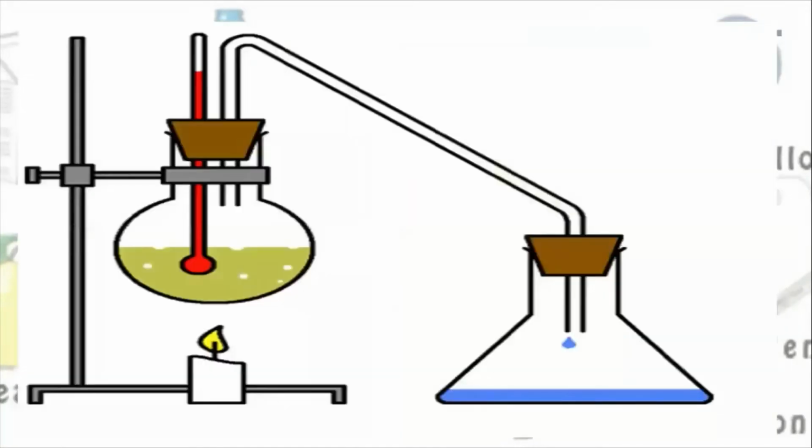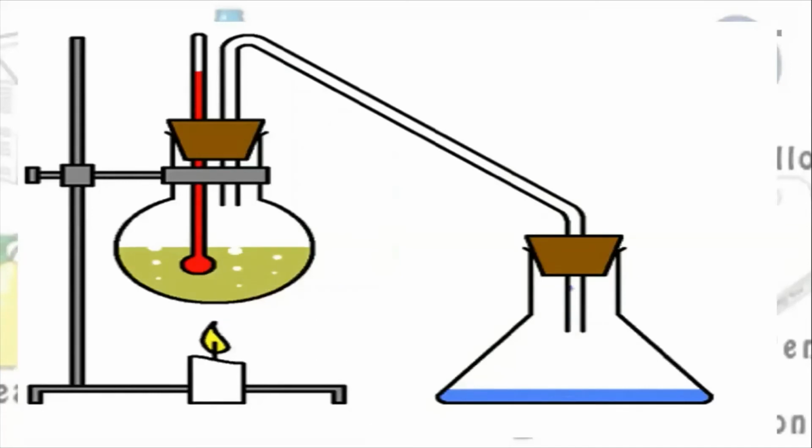Distillation. This method is generally performed in the lab. We can see that a round bottom flask is taken along with a thermometer, and when water evaporates from the soluble substance, it is passed through a tube, where the water vapor will condense and cool and form pure water, which is collected.